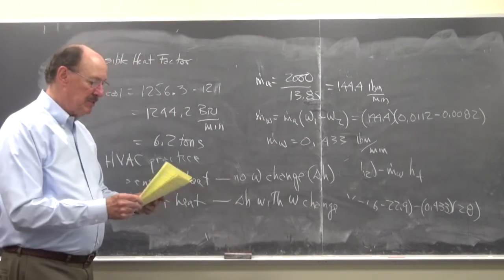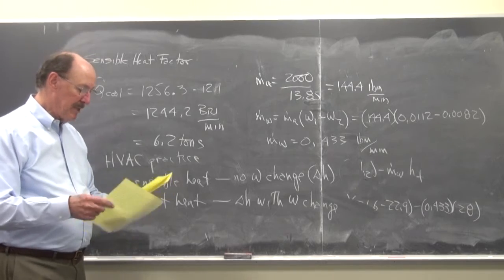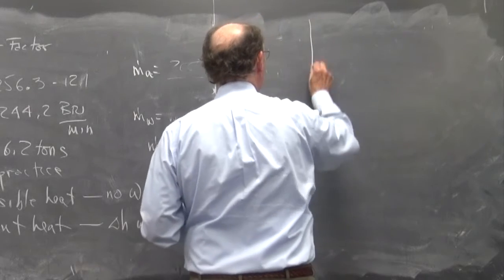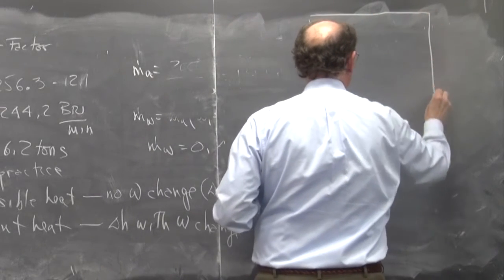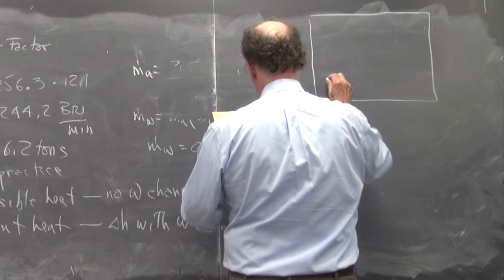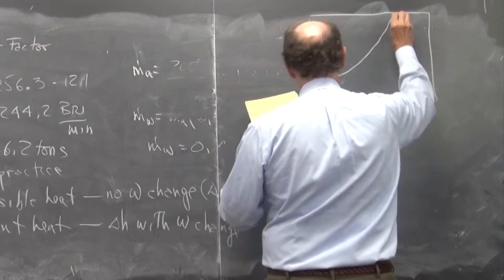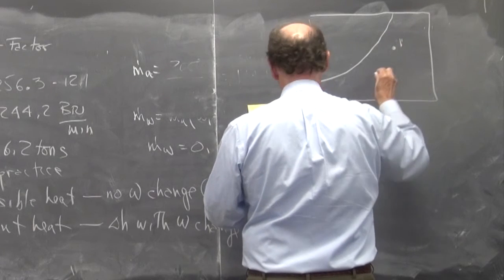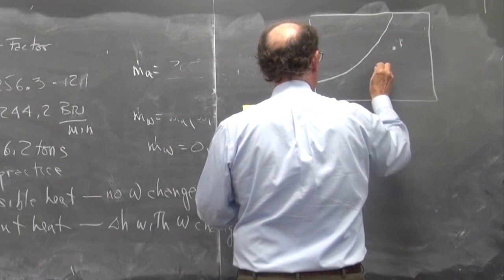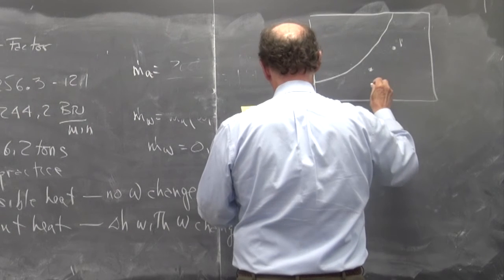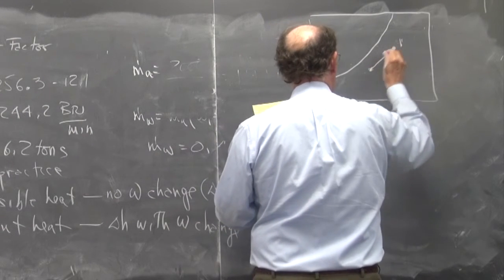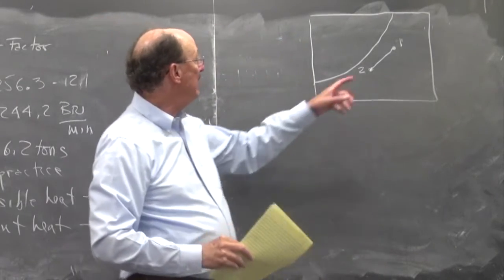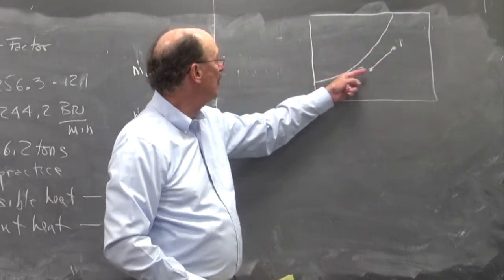So now let's look and see what that looks like on a psychrometric chart. What we did is, I didn't go over like this, but here and down and back.